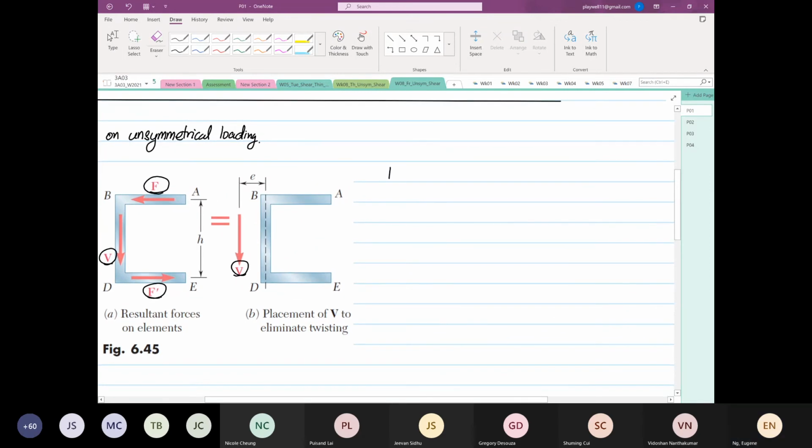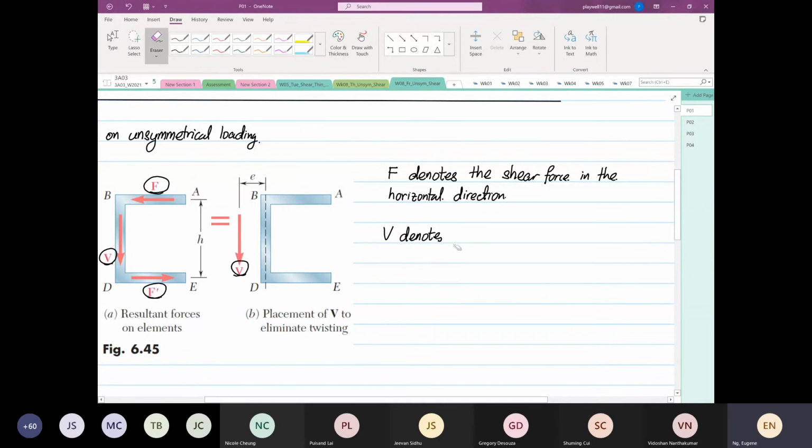F denotes the shear flow, sorry, not the shear flow, the shear force in the horizontal direction, and V denotes the shear force in the vertical direction.